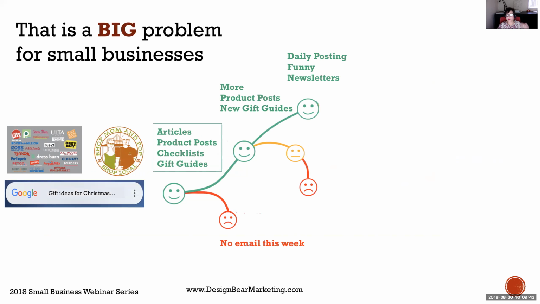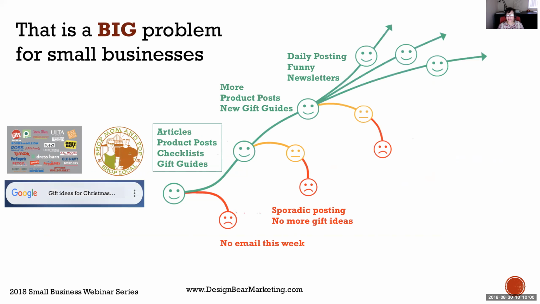Funny newsletters, relevant information, sporadic posting, and no more gift ideas. Because now you're in the season and you're busy. So you're busy personally, you're also busy with your business. And so it begins to separate, right? And Google's trying to get information from both sources, any source. But this is where things really begin to change. And they're posting.